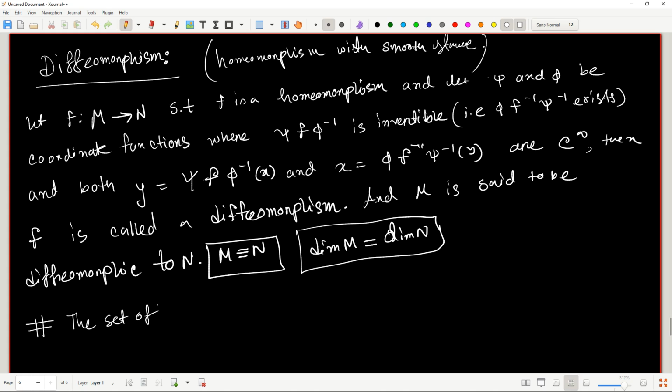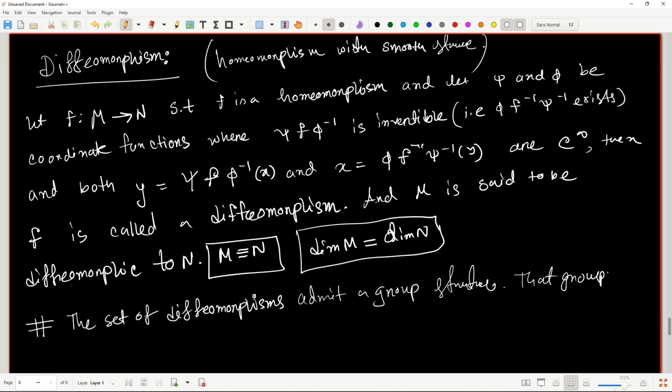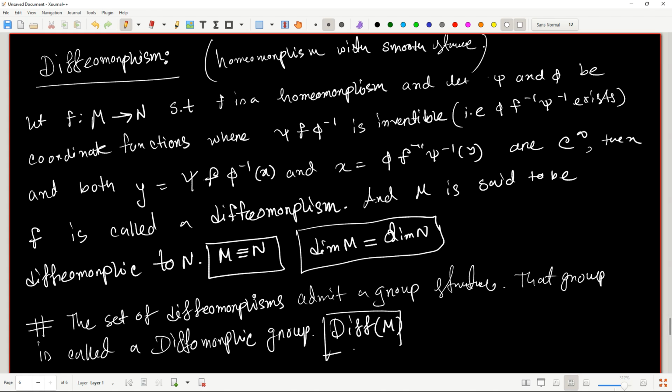The set of diffeomorphisms admits or forms a group structure, and that group is called the diffeomorphism group, which is denoted by Diff(M). You will see these things if you study high energy physics, but for now we will move on, and we will discuss curves and functions right now so that we can continue to develop our calculus on manifolds.